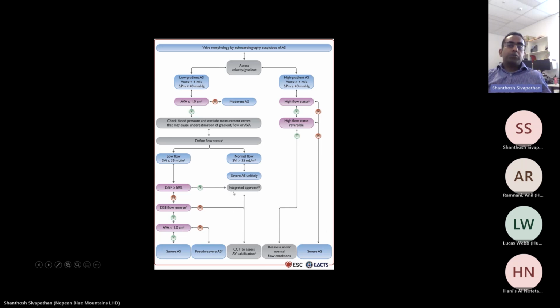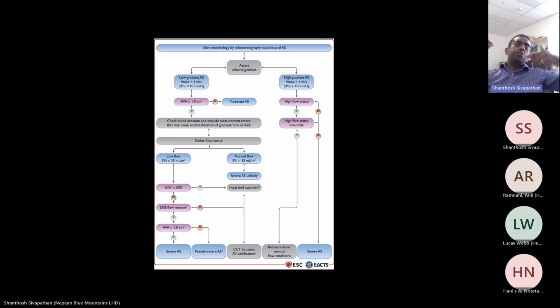If it isn't able to open up and is stiff, but you've got contractile reserve and you're able to hit those gradients, with the dobutamine stress echo you're getting your Vmax of more than 4 and your mean gradient of more than 40, this is severe aortic stenosis, also known as low flow, low gradient aortic stenosis.